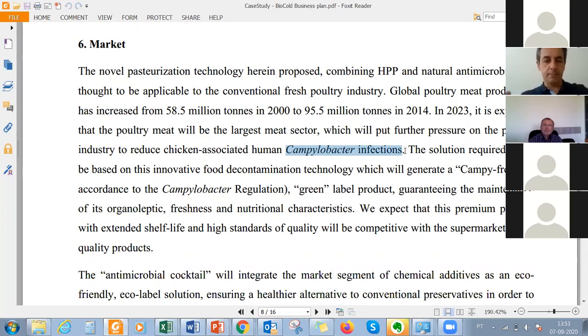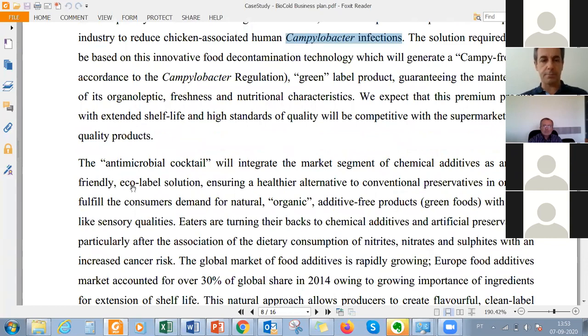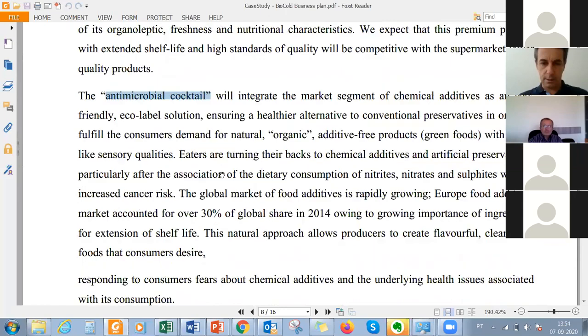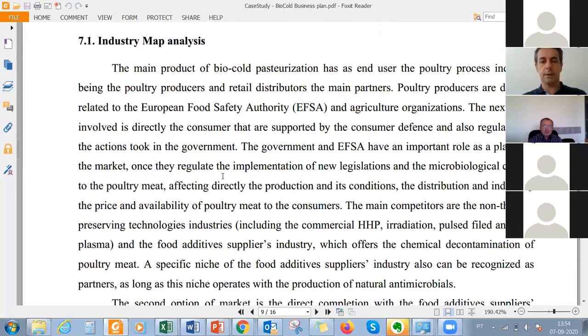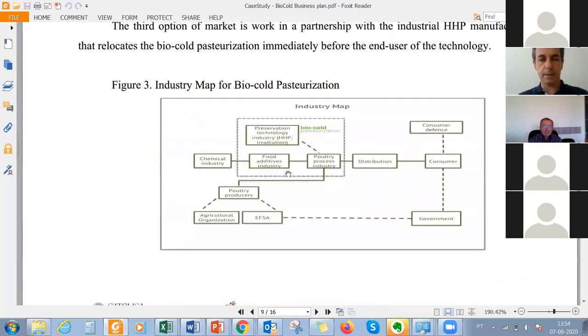So they decided to focus on this problem, let's say. So maybe the product: they have an antimicrobial cocktail, they say, and an additional technology that will make sure the product is safe, something like that.